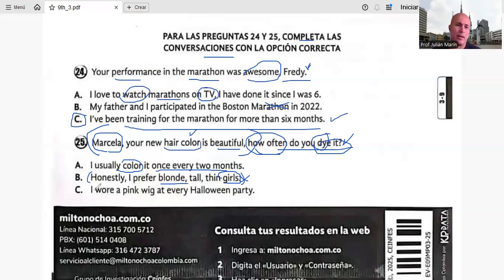And C: I wore a pink wig at every Halloween party. This one is also out of context. Nobody is talking about Halloween or wigs. Wigs are artifacts used to cover the head; in my case, I am bald, so I could wear a wig and everybody would think I have long hair.